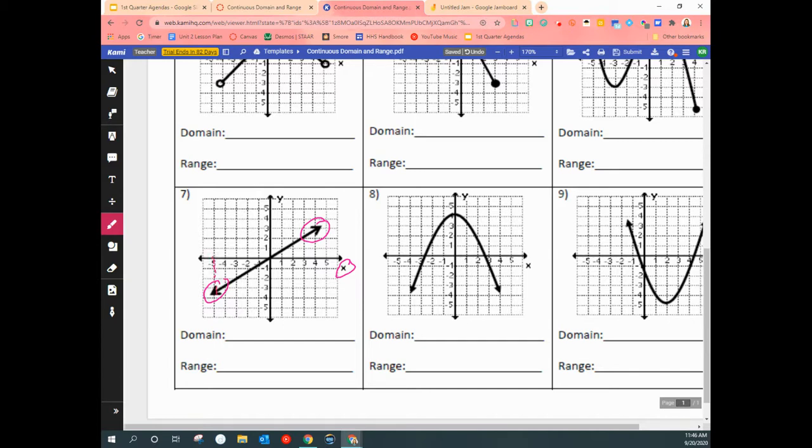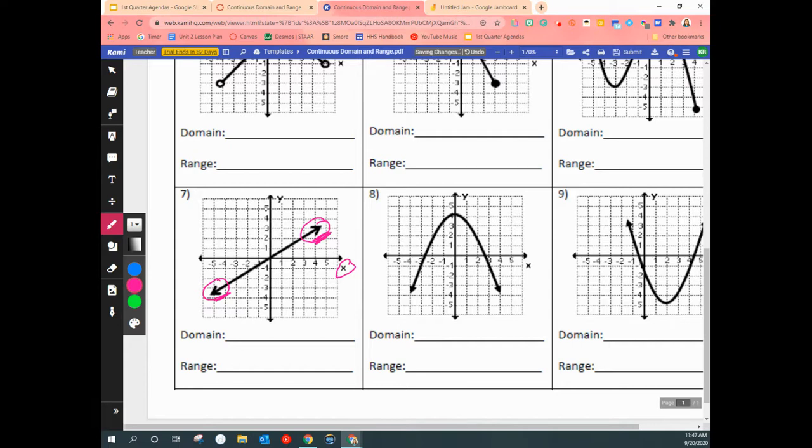When I look closely, I see I actually have an arrow there. Even though my picture stops, does the line actually stop? Those arrows mean that it keeps going forever and ever, and it never stops. So it doesn't stop at this end, and it doesn't stop at this end either.